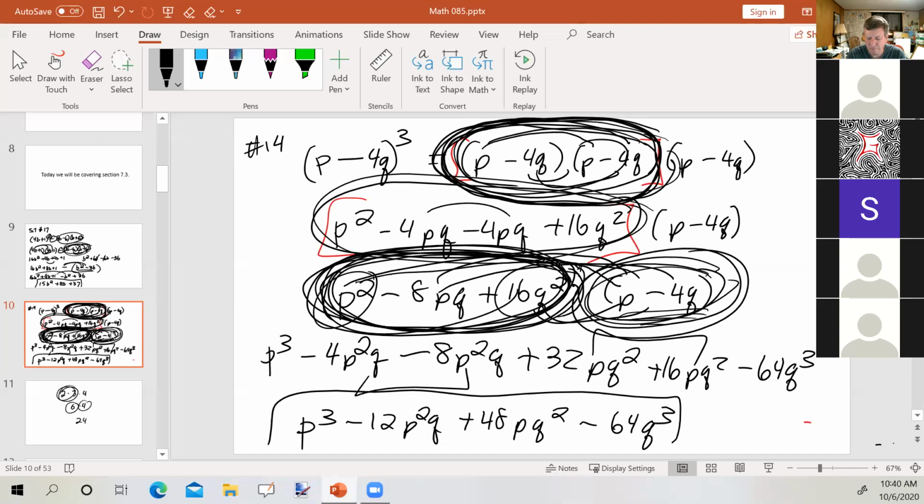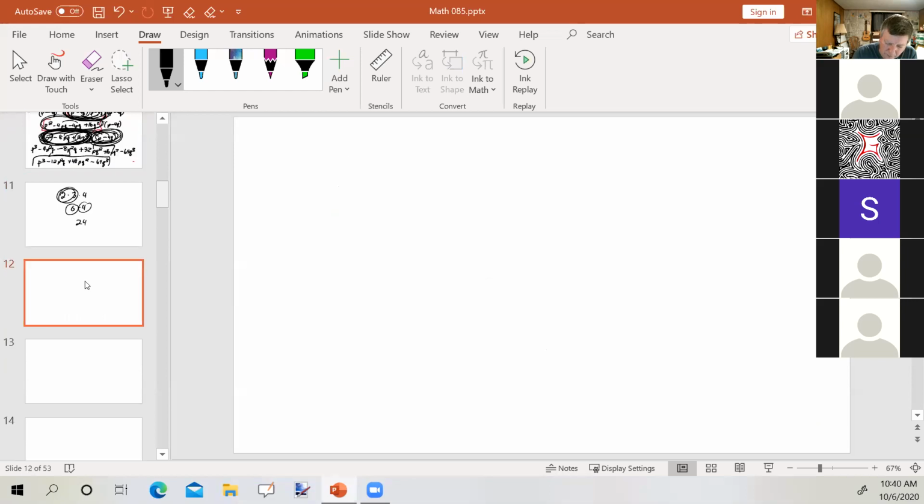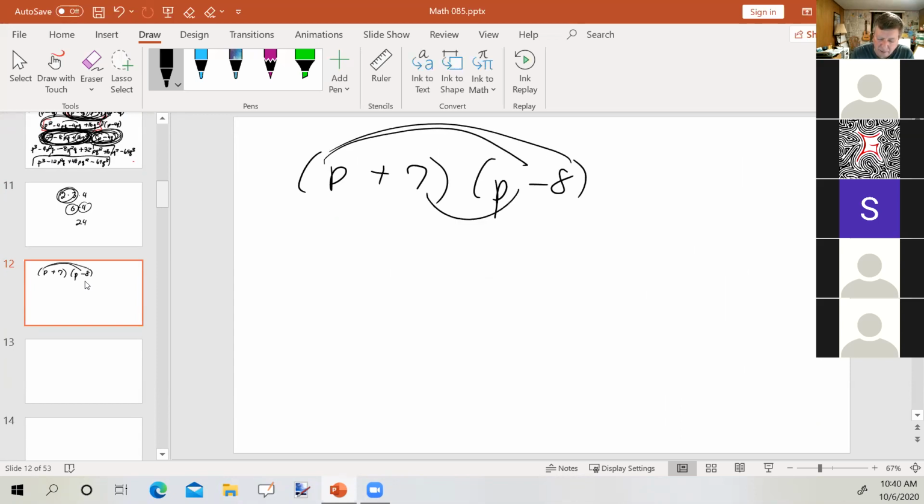Yeah, I was just wondering, do you not use FOIL the second time? Well, okay. Here's the problem. FOIL only has 4 pieces: first, outer, inner, last.